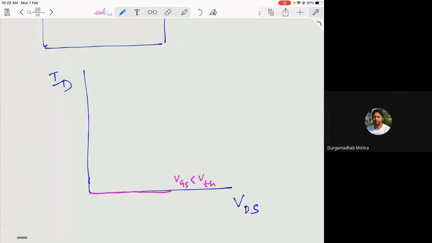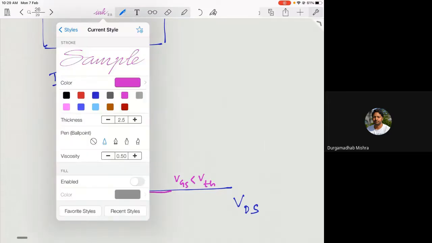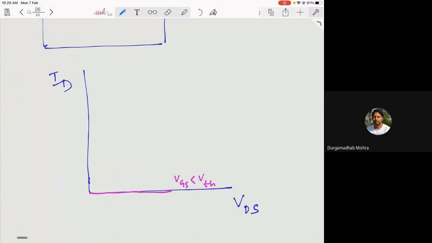Now just when VGS is equal to VTH, you'll have probably a very small current from source to drain. So the channel just opens. This is when VGS is equal to the threshold voltage.